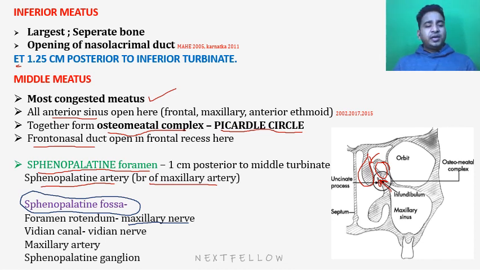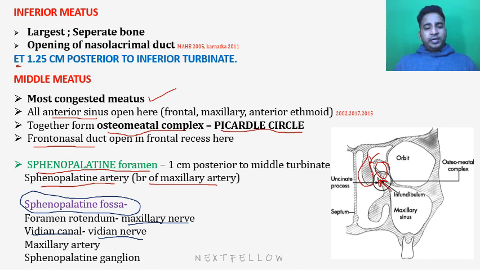Then there is the vidian canal through which the vidian nerve passes, and this nerve is responsible for the parasympathetic activity in the nose. Sometimes some patients do not get benefit from anti-allergic, antihistaminic medications, etc. So sometimes we have to do a vidian neurectomy, with which we can decrease the parasympathetic activity, and thus we can reduce the congestion in the nasal cavity.